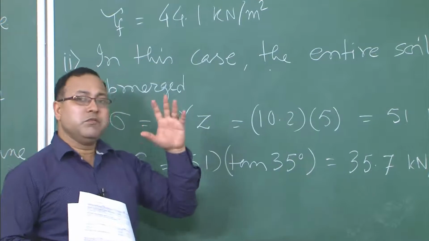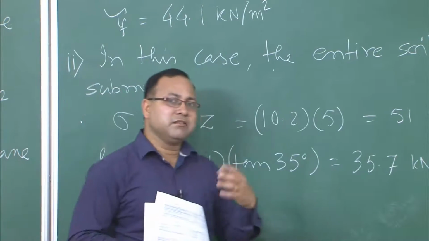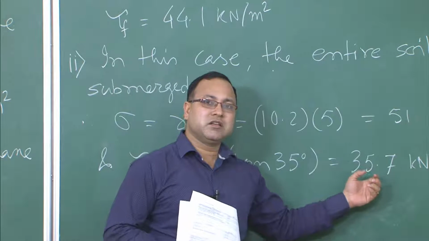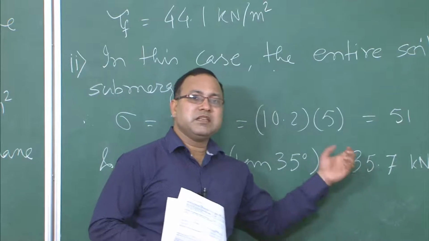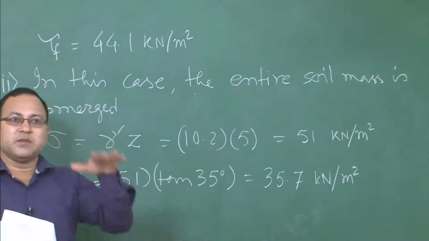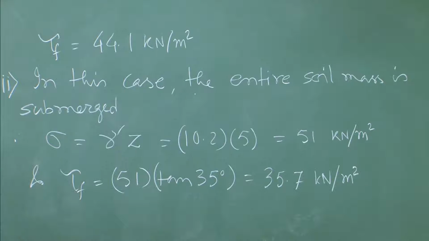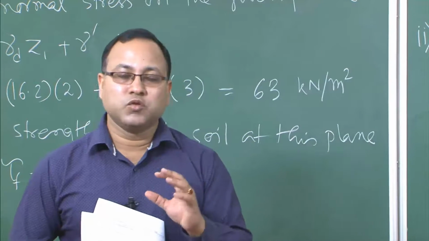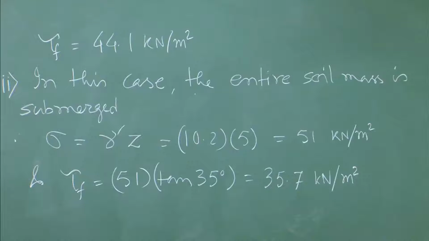On the other hand, if you design the structure based on this critical or worst condition, then whether the water table is coming down or whatever variation you get, that will not create any problem in the design. I hope that you have understood, that is why I have taken this problem to say this thing specifically.